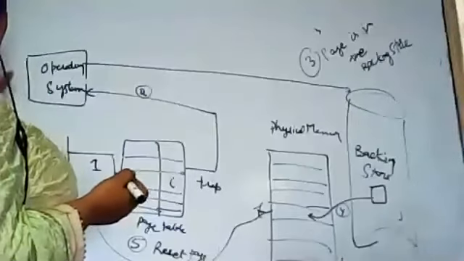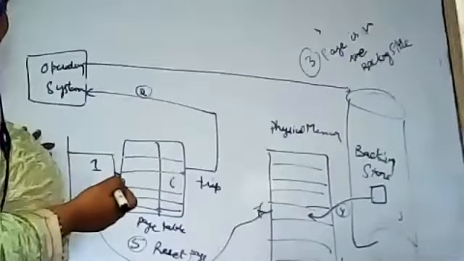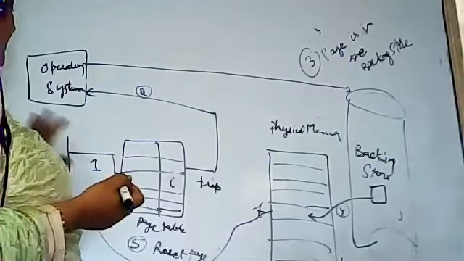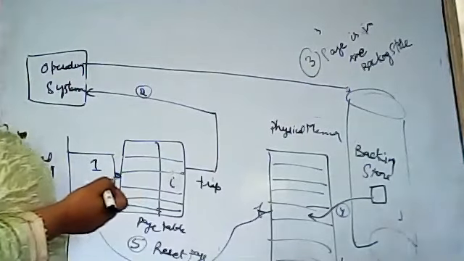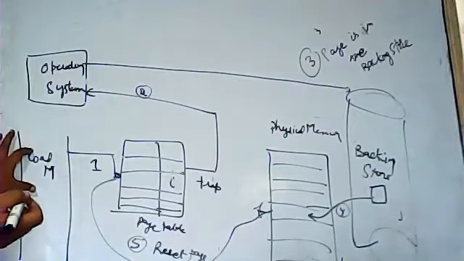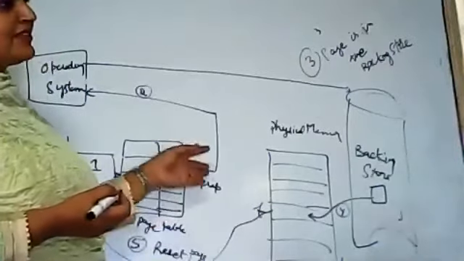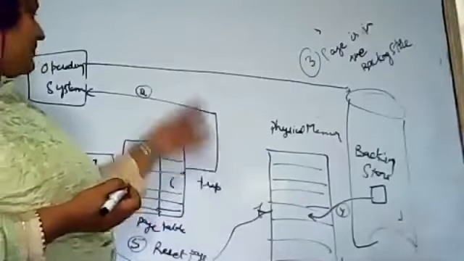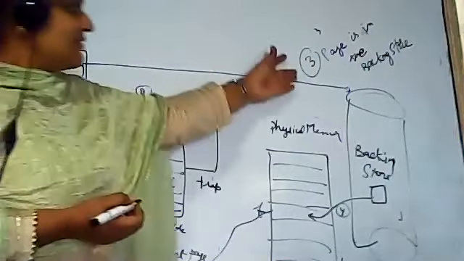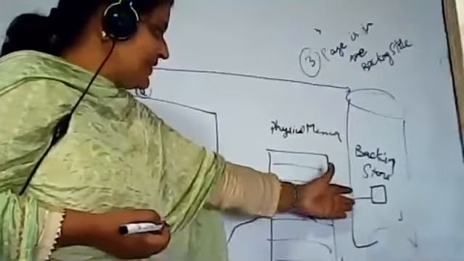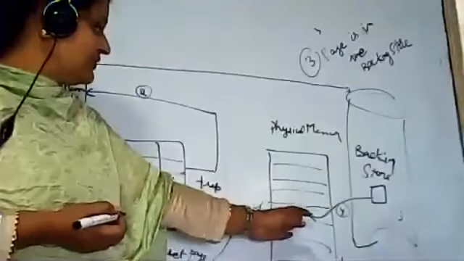The operating system will check the memory. Memory will check whether the page is available. If the page is not available, the page table entry will be I, and the operating system will see whether it is a trap. If it is a trap, it will check in the backing store. If the page is available in the backing store, it will be brought into the physical memory.